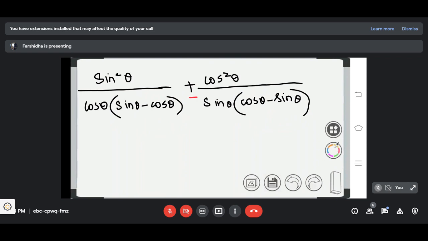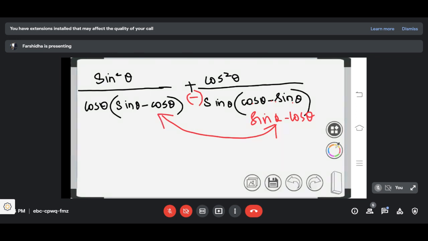I told you whenever I am taking negative outside from any term, the symbol changes inside the bracket. So when I take negative outside from the denominator, here cos theta minus sin theta will become sin theta minus cos theta, so that both will be the same. So that's why I'm taking the negative outside.